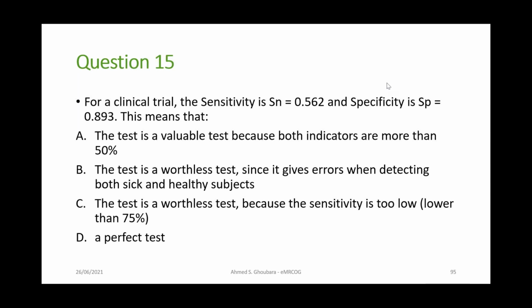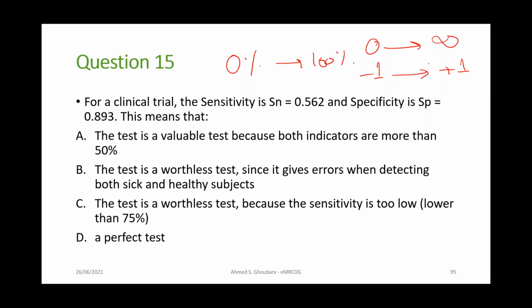For a clinical trial, the sensitivity is 0.56 or 56%. Specificity is 89%. We know that specificity, sensitivity, positive predictive value, and negative predictive value all range between 0% and 100%. Odds ratio and relative risk range from 0 to infinity. The correlation ranges between -1 and +1.